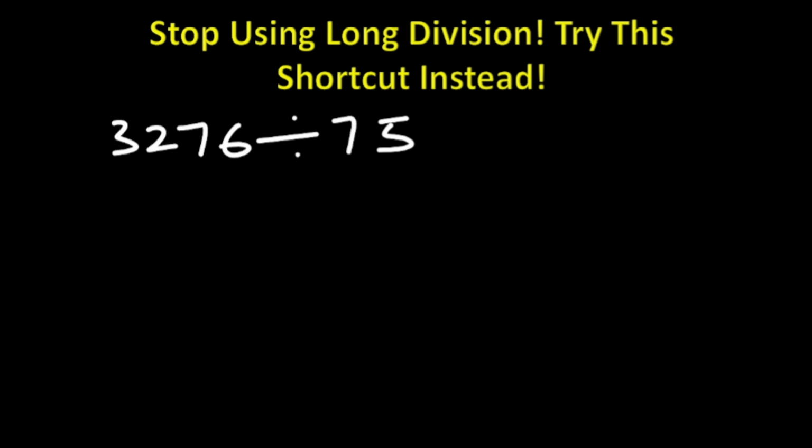Let's take this 4-digit number like this. So let's take 3, 2, 7, 6, and then you know we draw a vertical line separating right side digit from the left side digits. So whenever we divide numbers by 2-digit numbers, we always draw a vertical line leaving the right side digit and then separating the right side from the left side.